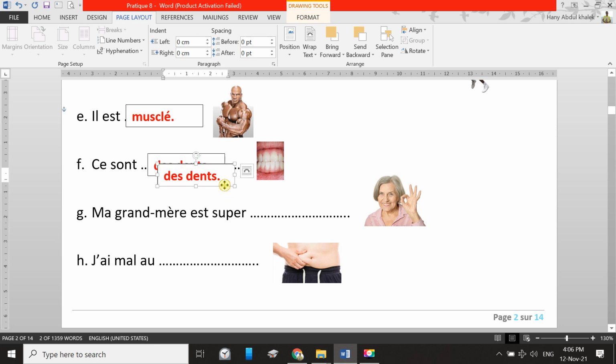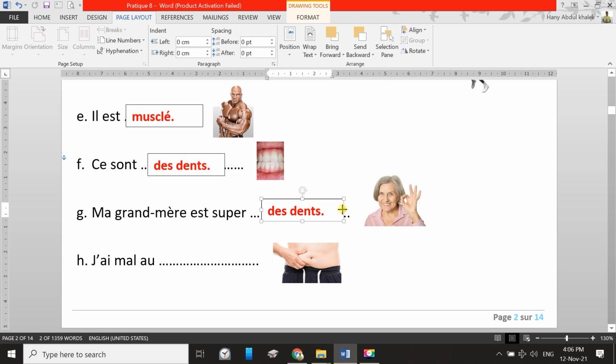Here, ma grand-mère est super. My grandmother, sure, you can understand it autrement. Comment, in the classes, you said to me sometimes super grande. Okay, it can be correct, sure, if you understood it like that. If we are talking about, par exemple, blonde, okay, why not?